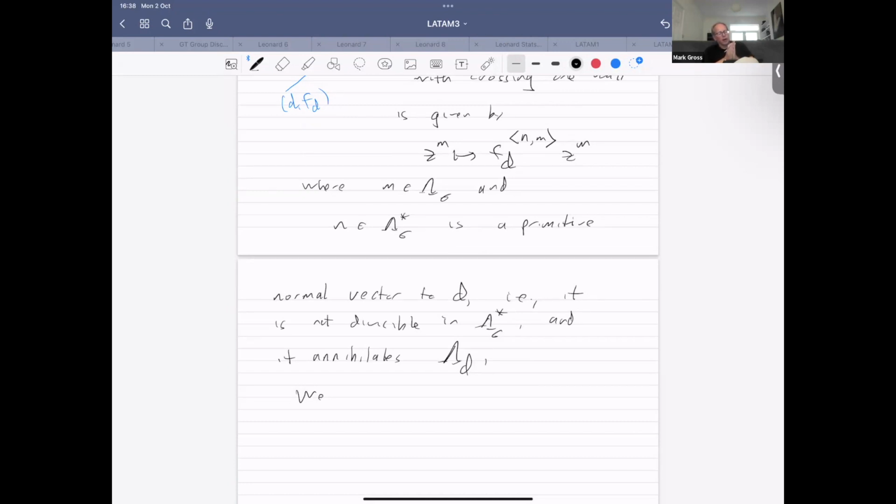This determines the vector n up to sign. Finally, there's a sign convention.